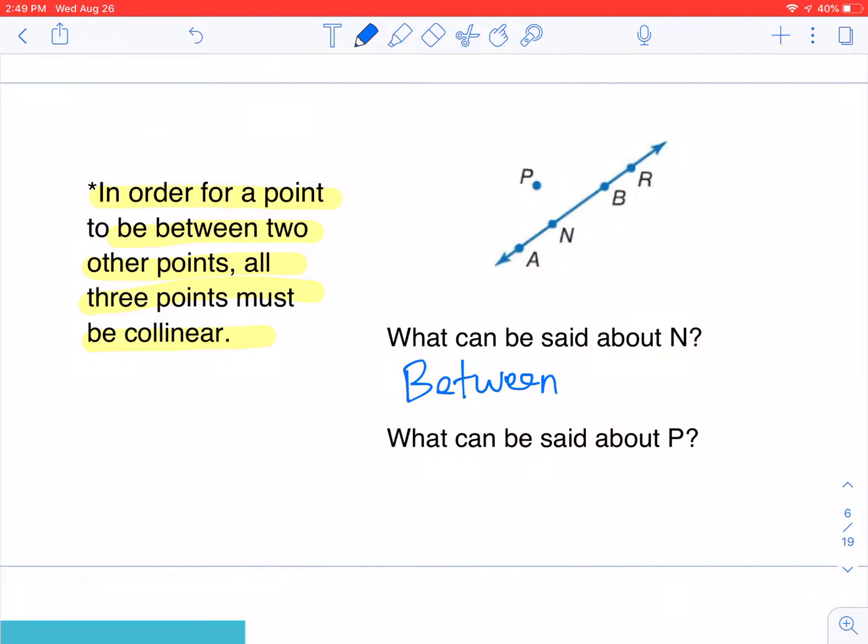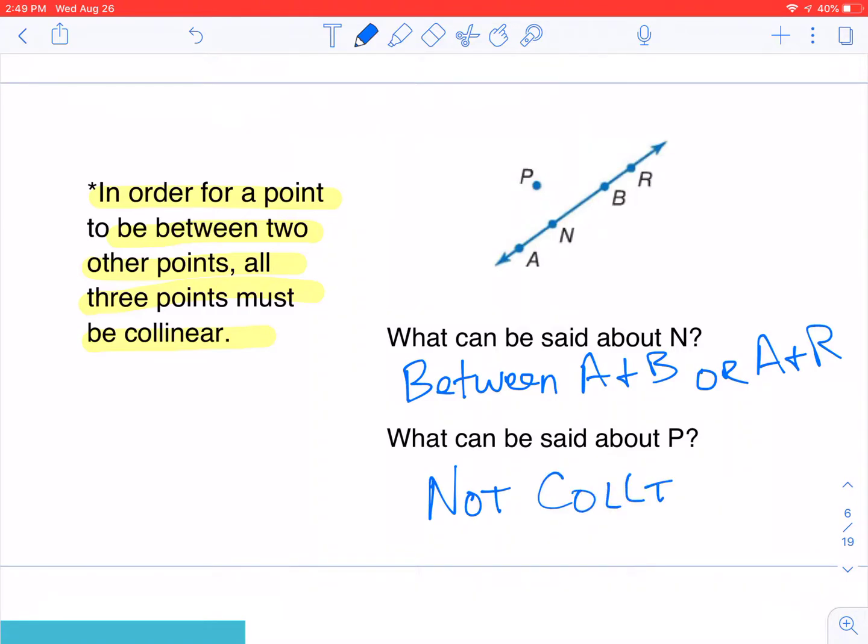It is between A and B, or A and R. Between does not mean halfway. It just means in the middle of, between. What can we say about point P? Is P on that line? We are just going to say it is not collinear.